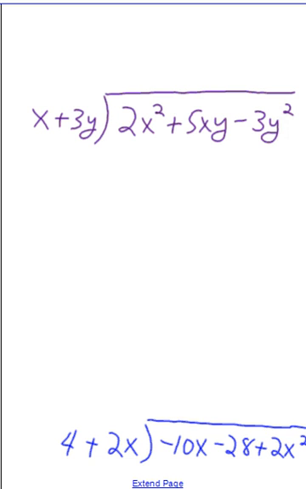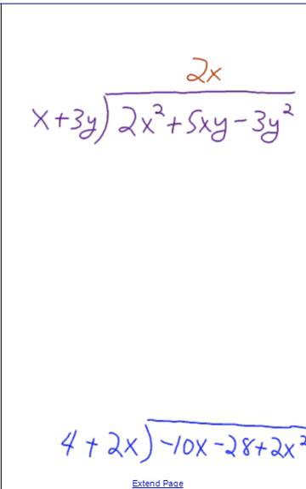All right, so start by looking at the first term here. X times what equals 2x squared? 2x. Everybody agree with that? Yes. So put that above the middle term, even though this doesn't have a y.